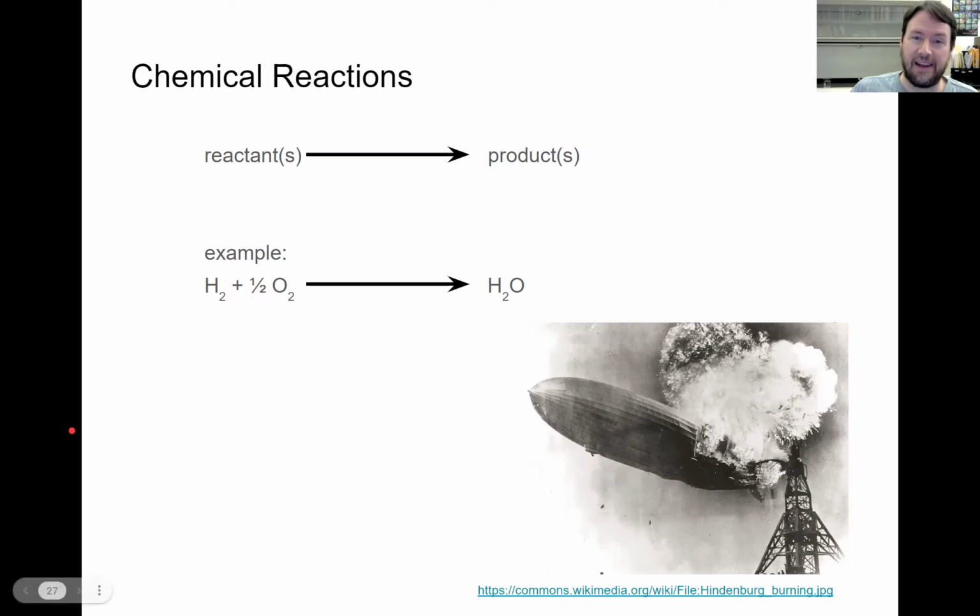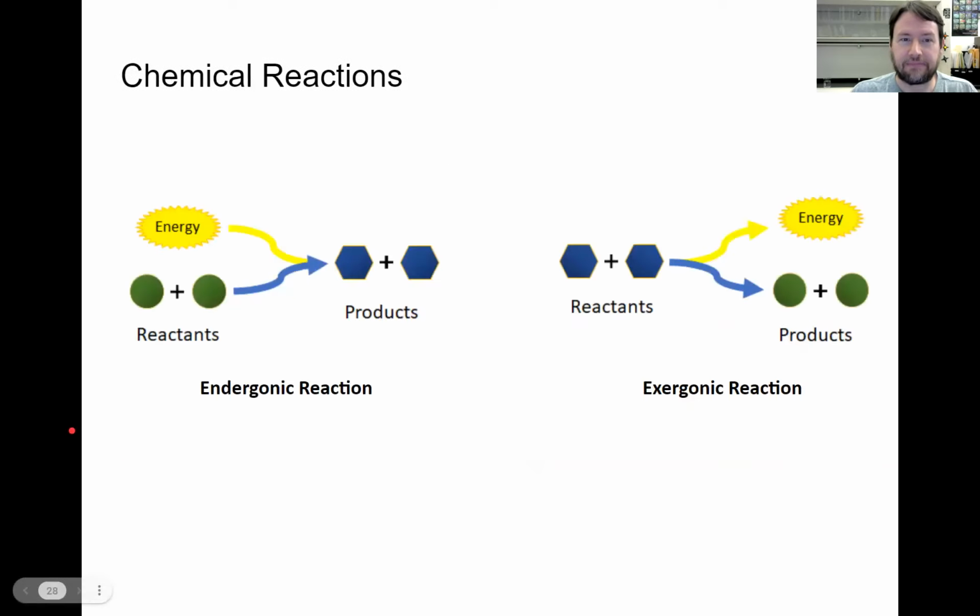So anyhow, these two main types of chemical reactions are either endergonic, meaning energy comes in, and so the products have a higher energy level than the reactants did, or an exergonic reaction, where the reactants had a higher energy level than the products did, and in the process, energy was released.